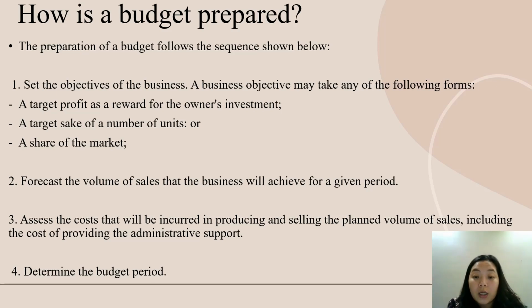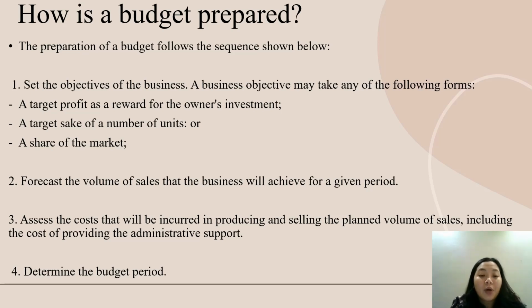So this one, break even is very important, so that we will know what is our target to have a profit. We should know this one if we're going to be an entrepreneur someday.